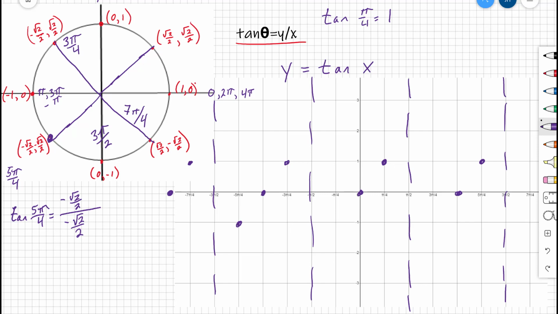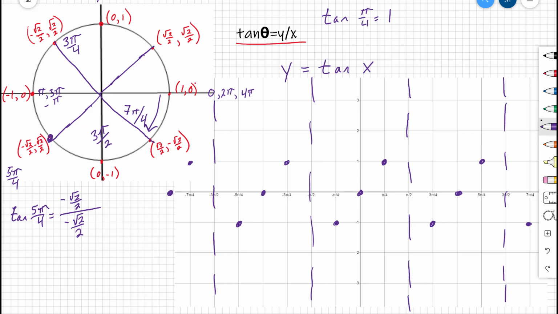So at negative pi over 4, which is coterminal with 7 pi over 4, and at negative 5 pi over 4, and at 3 pi over 4, and at 7 pi over 4, at all of these points our tangent is going to be negative 1.